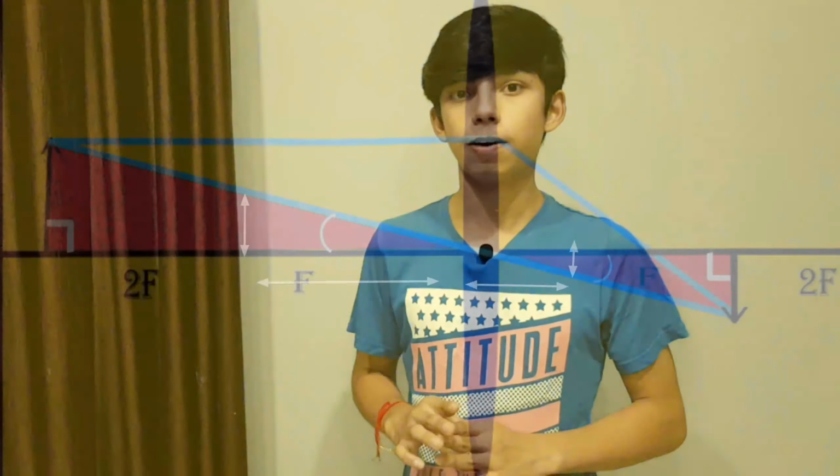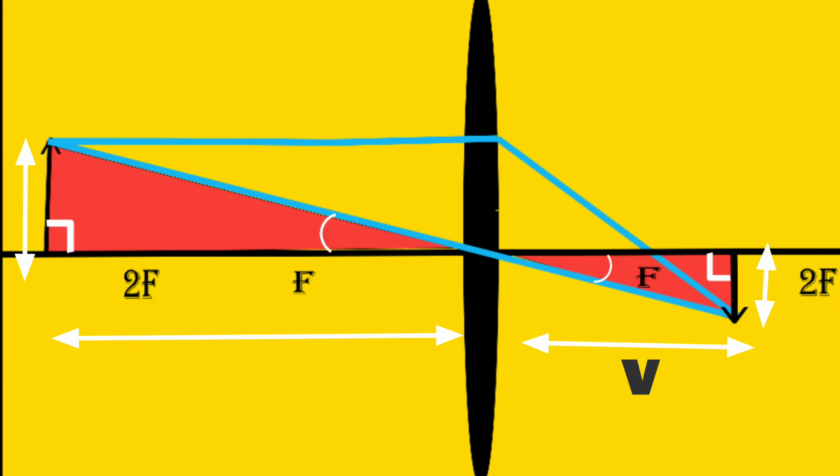Well, again let's go back to our ray diagram, and first let's mark out the sides here. That is our image distance, that is the object distance, that is the object height, and that is the image height. But we need to be a little bit careful about putting the signs, right? So our object distance is minus u. Why? Because it is on the left side.